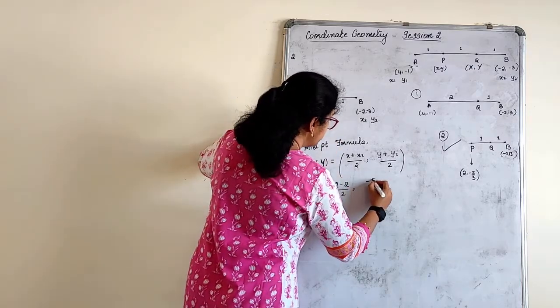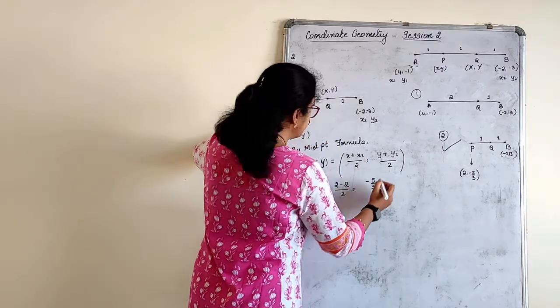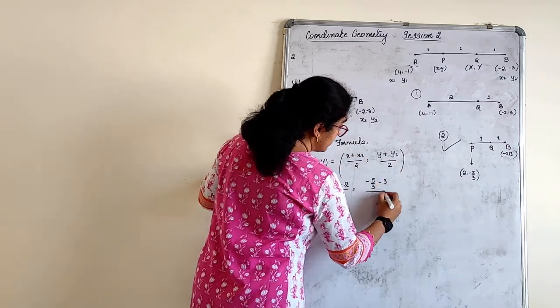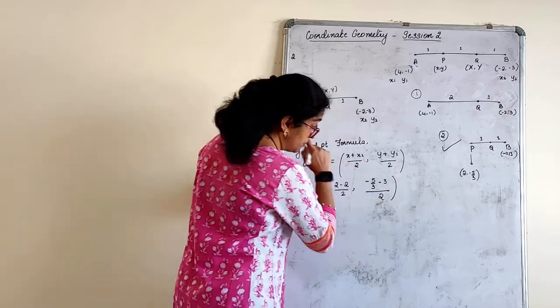Y is minus 5 by 3 and here Y2 is minus 3 divided by 2.